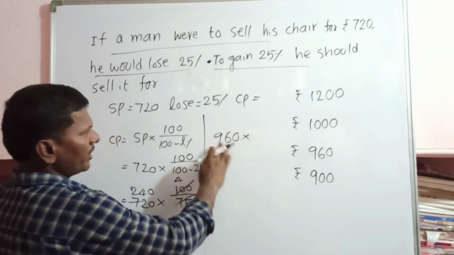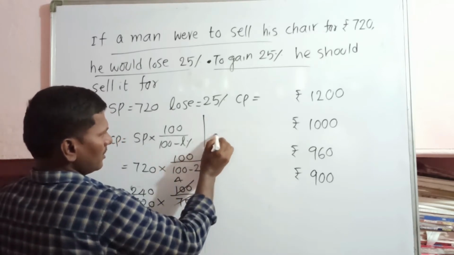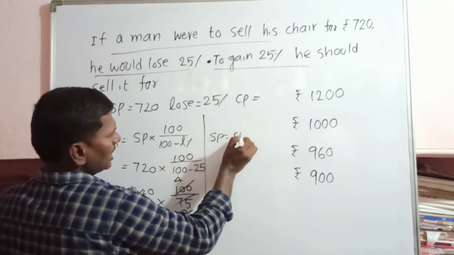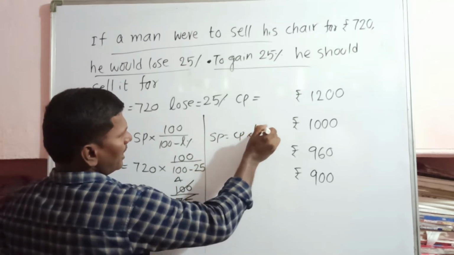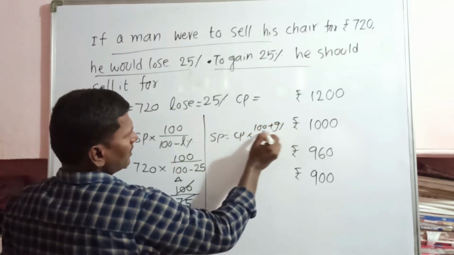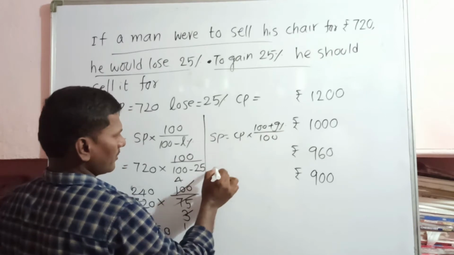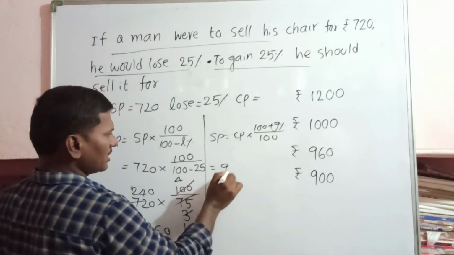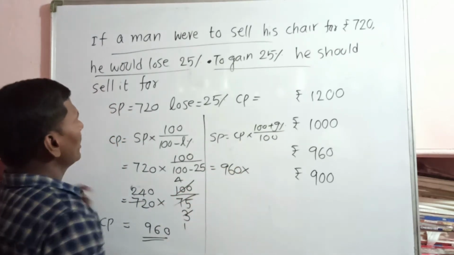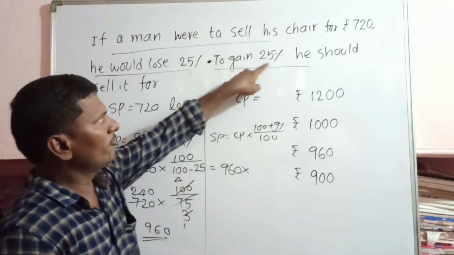From this 960, we have to find out the selling price. So selling price is cost price into 100 plus percentage of gain by 100. Cost price is 960. Now we have to get 25% profit.